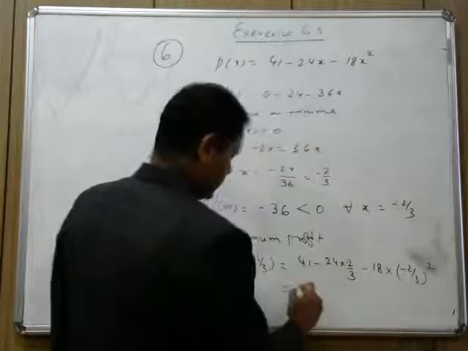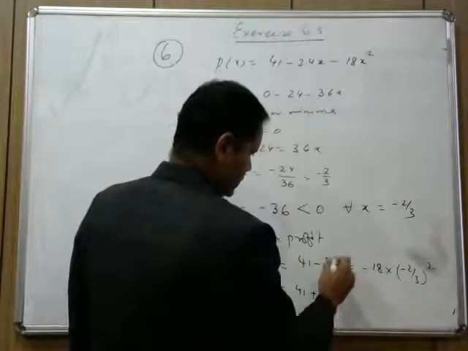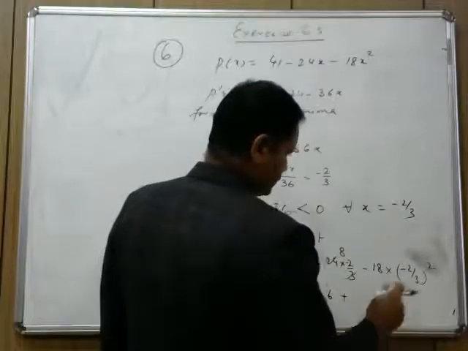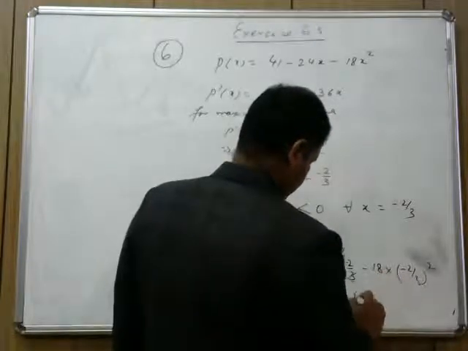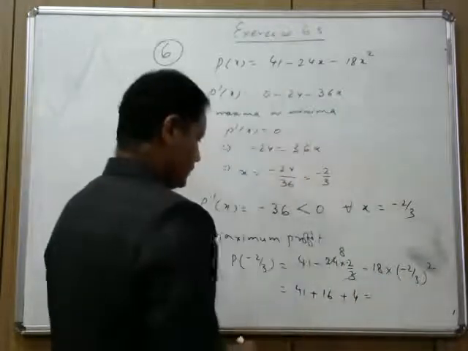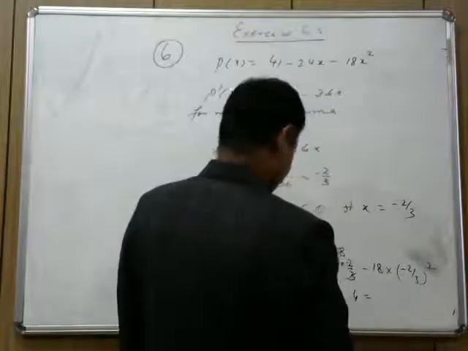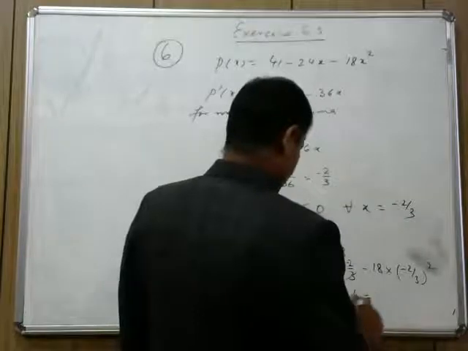This will have 41 plus 16 minus 18 into 4 by 9.